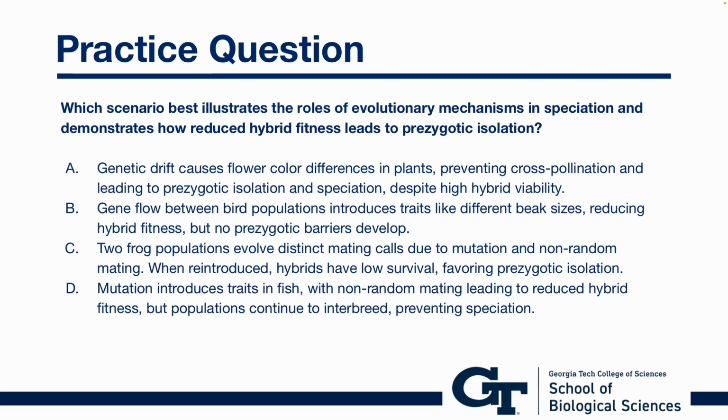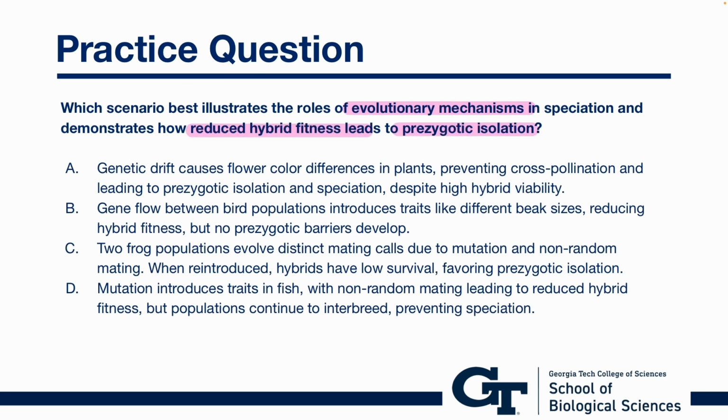So now we're given this question where we're asked how these evolutionary mechanisms in speciation result in reduced hybrid fitness, which leads to prezygotic isolation.